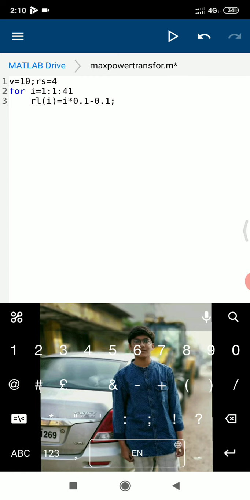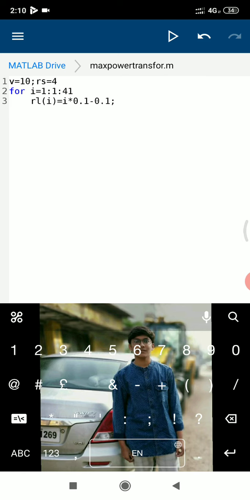Put the colon. In this step, take i as 41 and multiply with 0.1. By multiplying 41 into 0.1, we get 4.1. Then 4.1 minus 0.1, we get 4. That means the load resistance can vary up to 4 ohms.